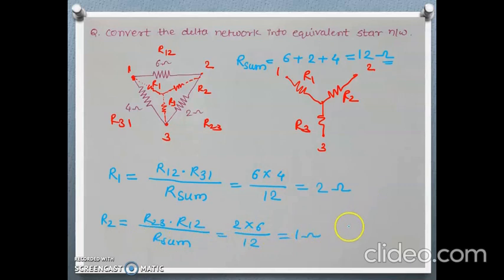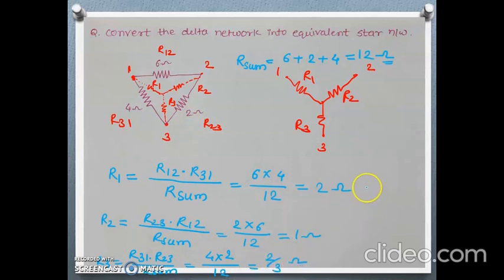Similarly, R3 will be R31 into R23, because 3 is common for these two, divided by R sum. R31 is 4 ohm into R23, which is 2, divided by 12. So this will be 2 by 3 ohm.